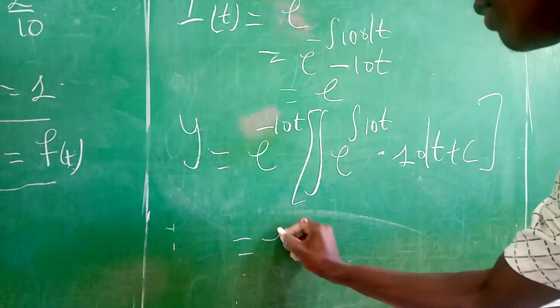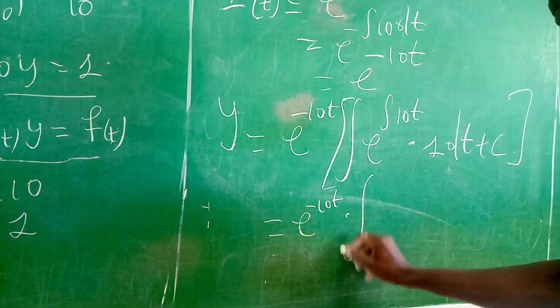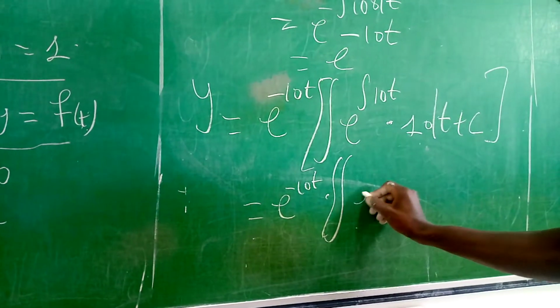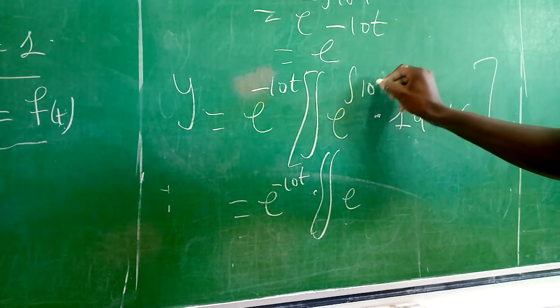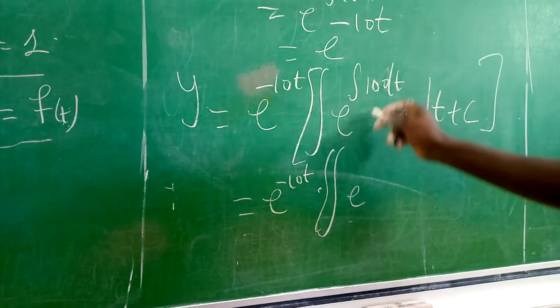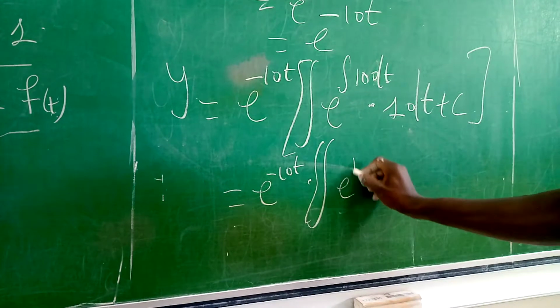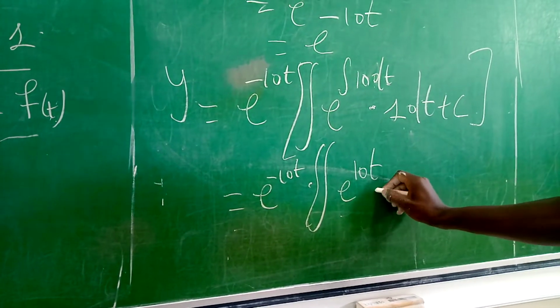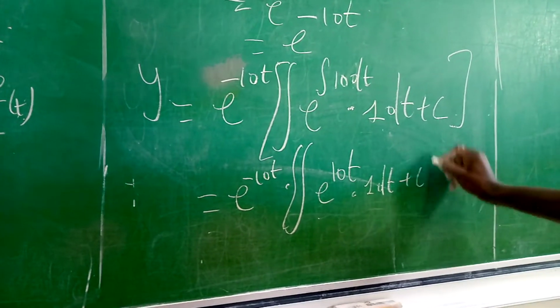Then this will give us e power 10t times the bracket, integral of e power 10t times 1 dt plus c.